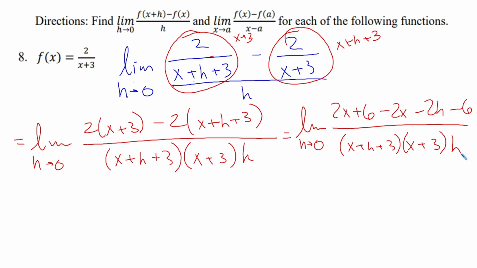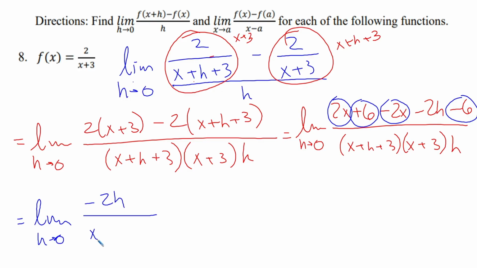And we see that the 2x and the minus 2x here should cancel, and plus 6 and the minus 6 should cancel. So we end up with a limit as h approaches 0 of negative 2h over x plus h plus 3 times x plus 3 times h.